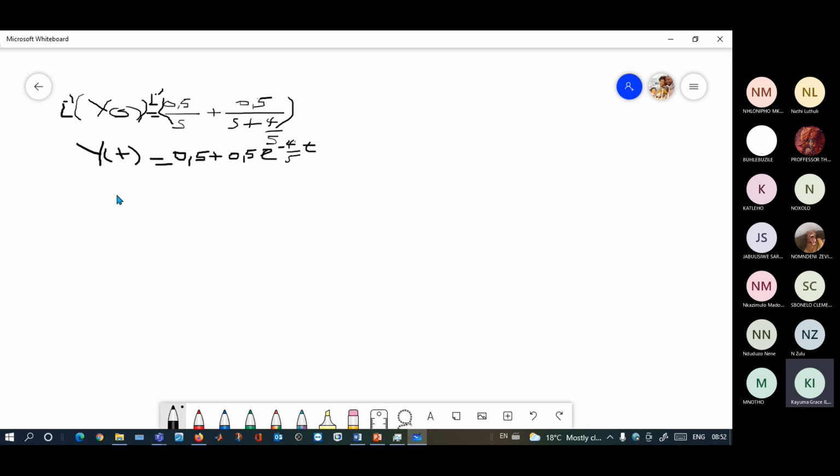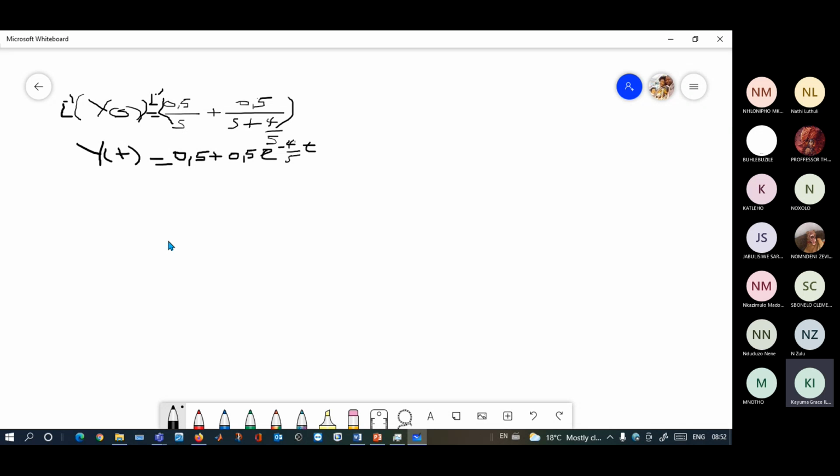So be ready with your MATLAB. I think next week, Wednesday, we're going to meet in the lab, and the evening one will be on Thursday evening. So this is how you can find the partial fraction. I will show you tomorrow how you can solve this problem in MATLAB.